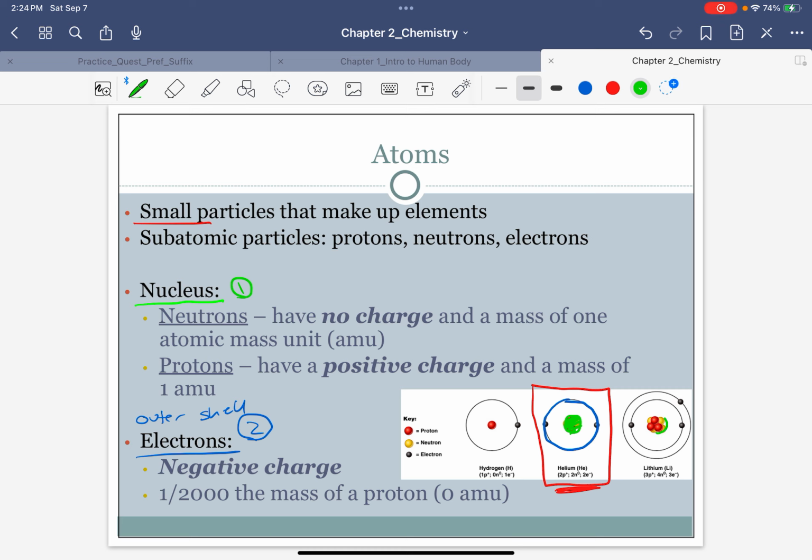One structural part of an atom is the nucleus, and then the nucleus is surrounded by these outer electron shells. Sometimes there might only be one electron shell. Sometimes there might be more. This one has two. But in any case, it doesn't matter. Every atom has a nucleus in the center and then an outer electron shell.